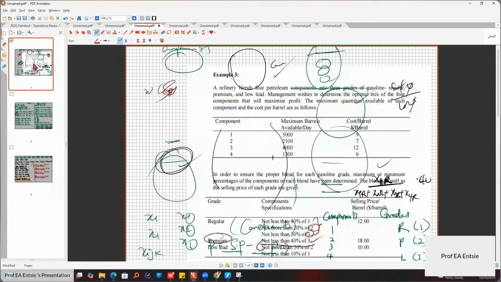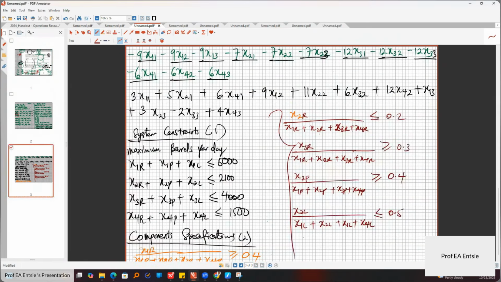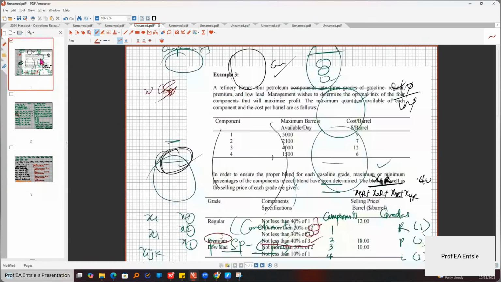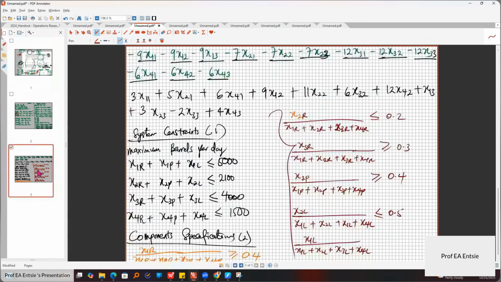Then finally, not less than 10% of component one in low lead. Component one is low lead, and the low lead is X1L plus X2L plus X3L plus X4L. Should not be less than 10%, so it means it's greater than or equal to.